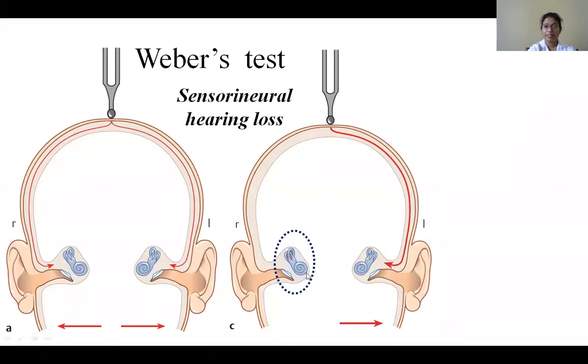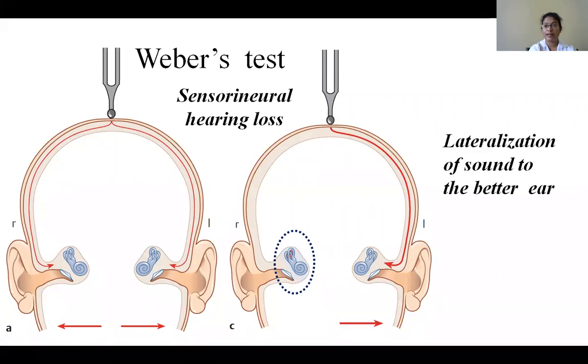This ear will perceive less sound because the inner ear is affected. And this is a normal inner ear. So the sound would be perceived better in the normal side. So in sensory neural hearing loss, the sound would get lateralized to the better ear. So in conductive hearing loss, the sound gets lateralized to the affected ear, whereas in sensory neural hearing loss, the sound gets lateralized to the better ear or the healthy ear.